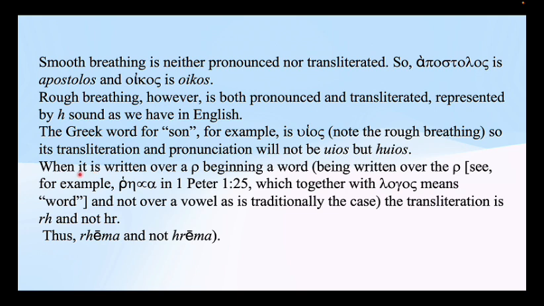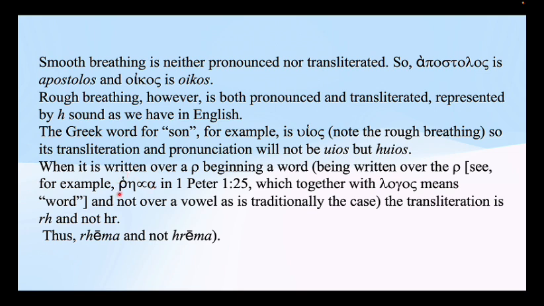But when a rough breathing is written over the letter rho beginning a word, this will be a different case. For example, you have rho, eta, mu, alpha.